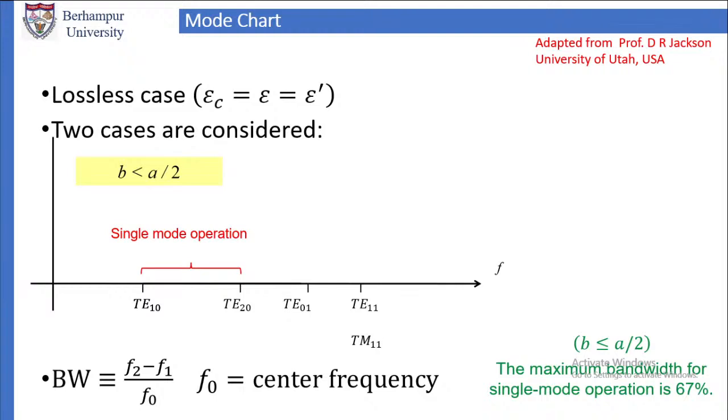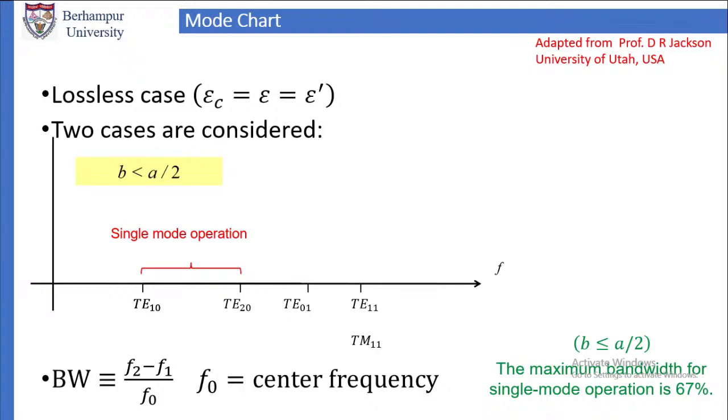Now bandwidth is the difference between two frequencies divided by the center frequency. So bandwidth by definition is (f2 minus f1) by f0, where f0 is the center frequency. When b is less than or equal to a by 2, you get the maximum bandwidth for single mode operation. The bandwidth between TE10 and TE20 is about 67%.